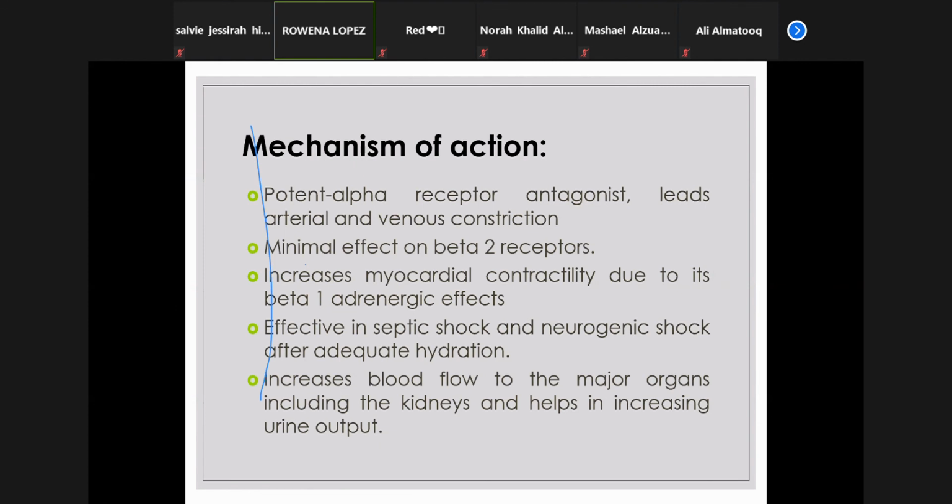It has minimal effect on beta-2 receptors, increases myocardial contractility due to its beta-1 adrenergic effects, and is effective in septic shock and neurogenic shock after adequate hydration. It also increases blood flow to the major organs, including the kidneys, and helps in increasing urine output. So there is also a dopaminergic action with norepinephrine.